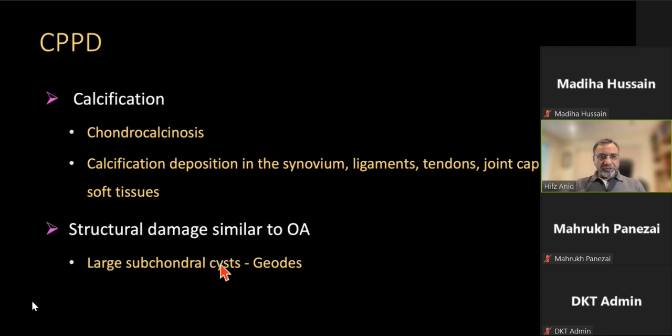We call them geodes. Okay, so geodes are basically large subchondral cysts. The two things you need to remember: calcification can occur anywhere, and there's destruction of the joint, or crystal deposition leads to osteoarthritis and large subchondral cysts.